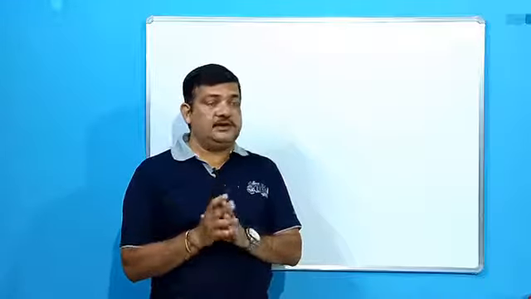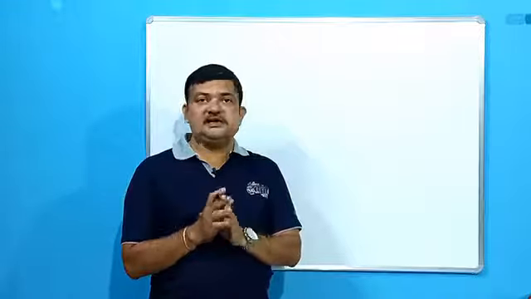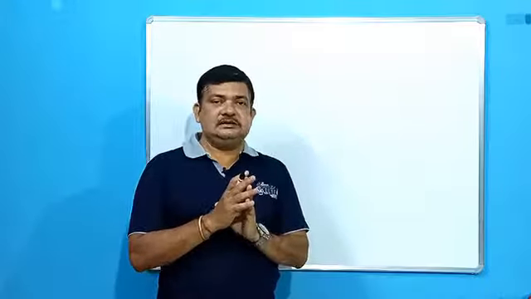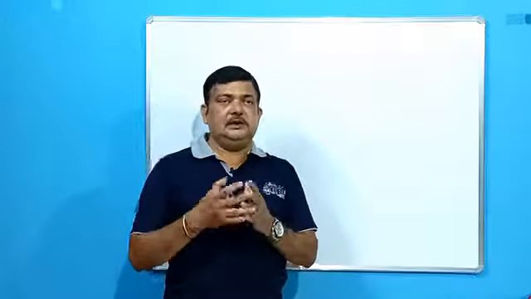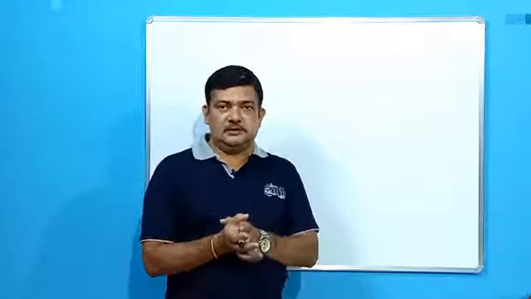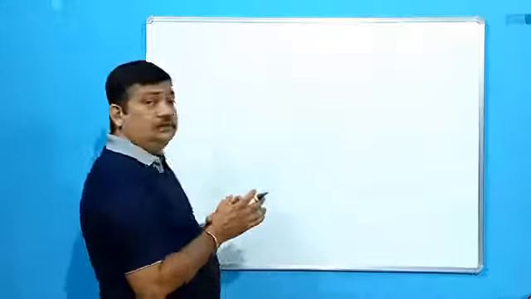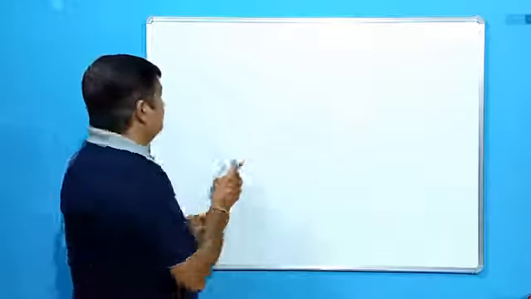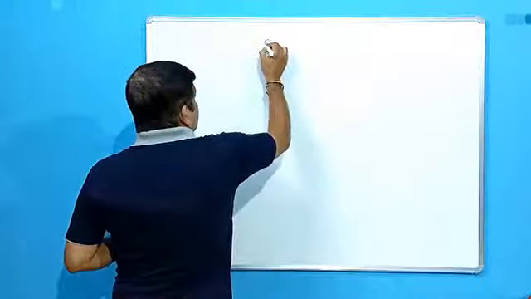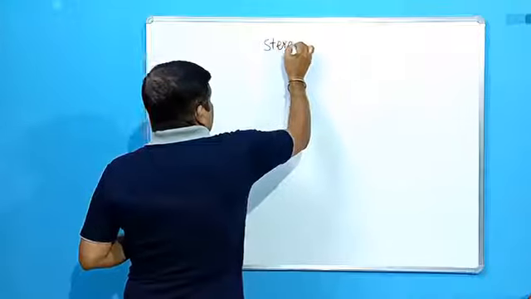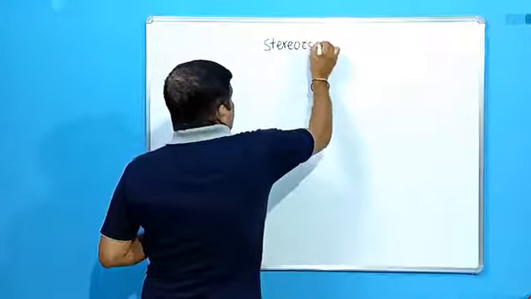I have already told you repeatedly that glucose is optically active. So what are the meanings of optically active, enantiomers, diastereomers, or stereochemistry? What does it mean? Okay. So when we speak of stereoisomers, this is the first term, stereoisomers.